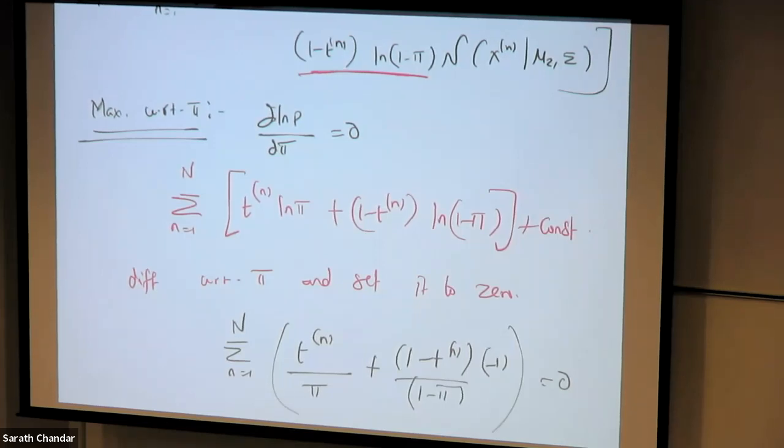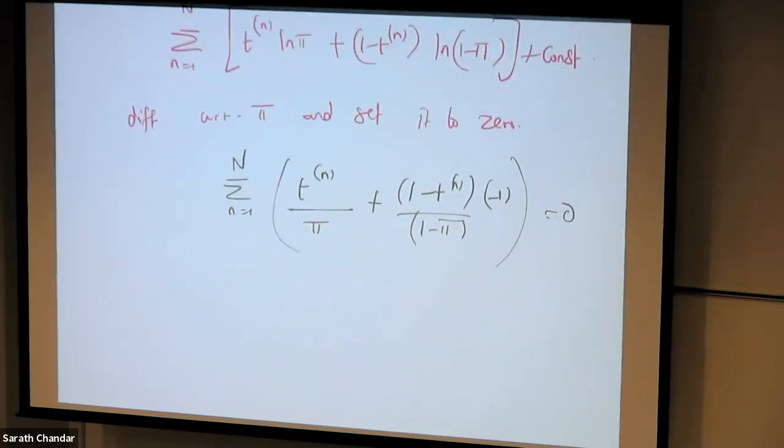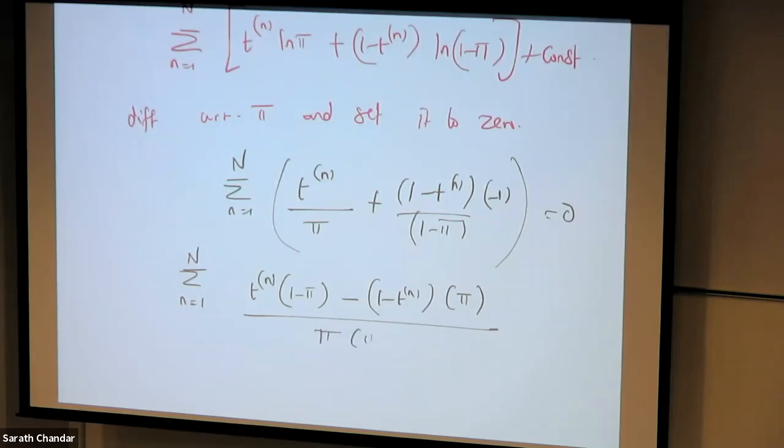Now summation over n equal to 1 to capital N, I'm going to put all the things together: t of n multiplied by 1 minus pi, minus 1 minus t of n multiplied by pi, the whole divided by pi into 1 minus pi, is equal to 0.